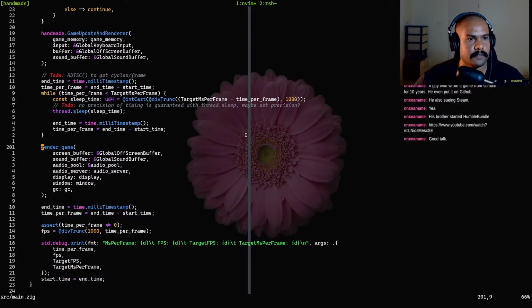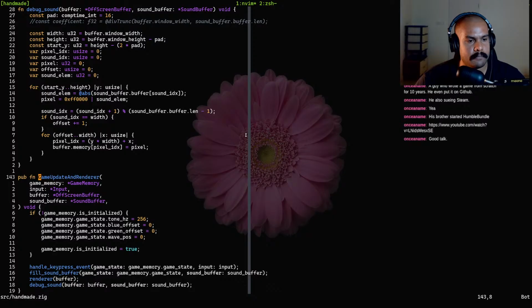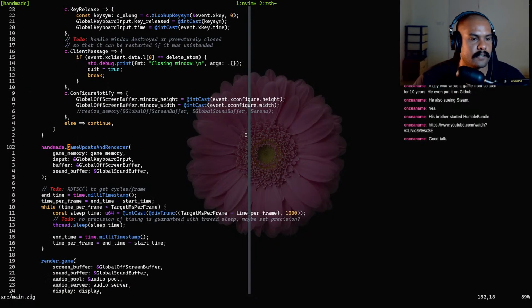Oh yeah, because I need to fill the buffer. I need to rename this to something else. Game update, and yeah, well, I guess that makes sense.